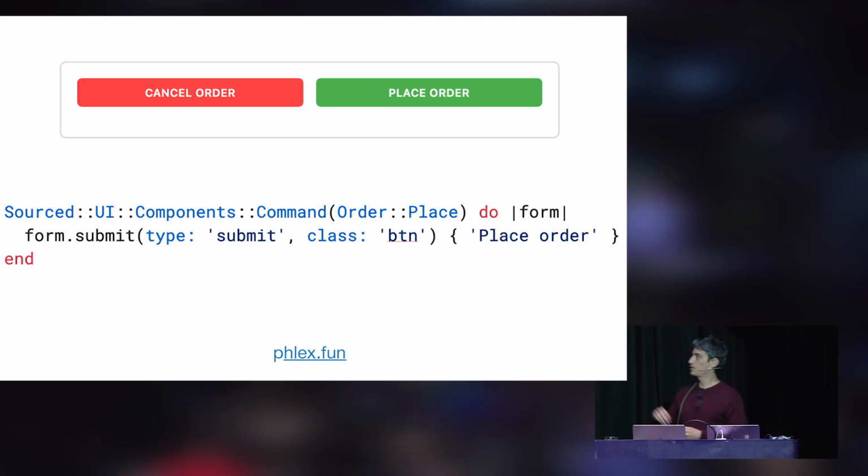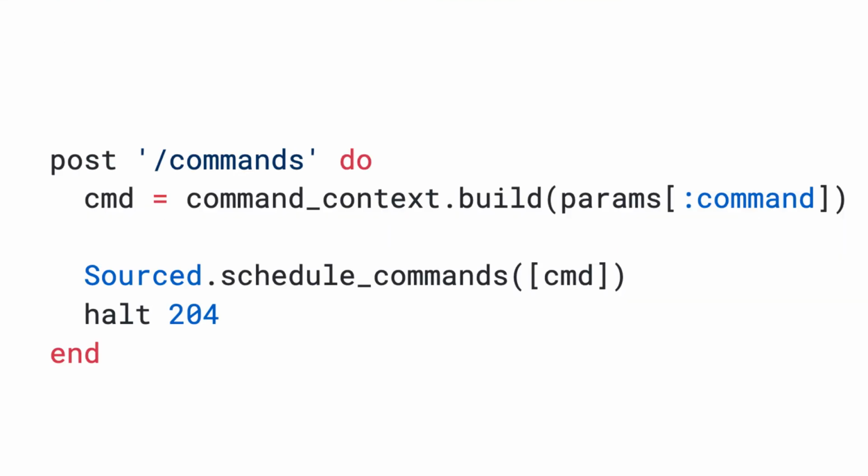That request goes to this Sinatra controller, where I build the command instance from the incoming parameters. I have some validation code that I'm omitting here. And then my library is called Sourced, by the way. I just ask Sourced to schedule that command. It puts it in a command bus, and it does everything asynchronously in the background. That's it. That's sending a command.